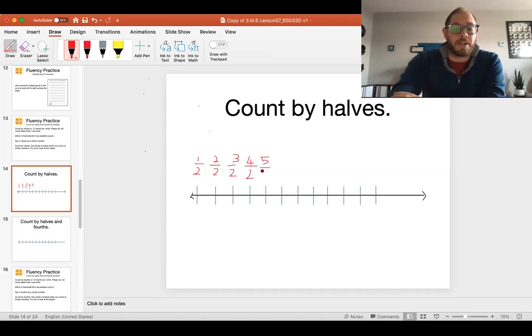And I hope your handwriting is neater than mine is on here. 6 halves. Count it with me. 7 halves. That's a sloppy 2. 8 halves.